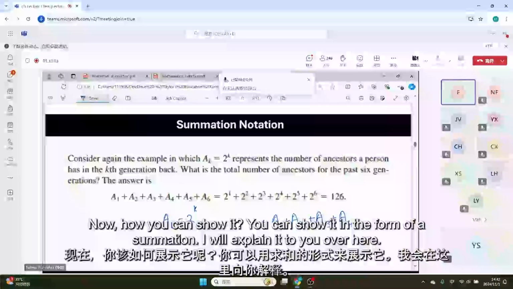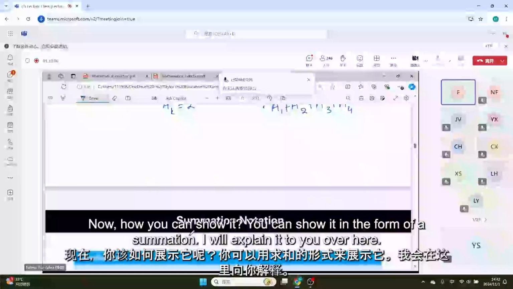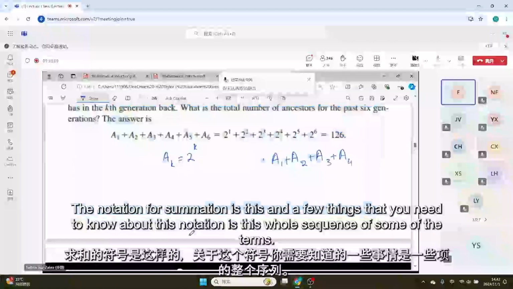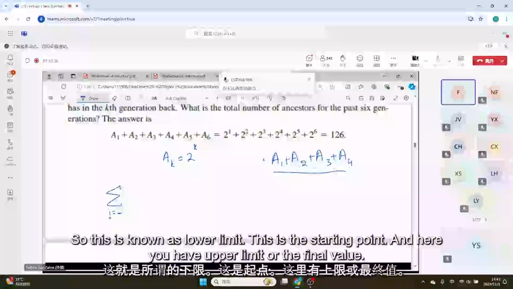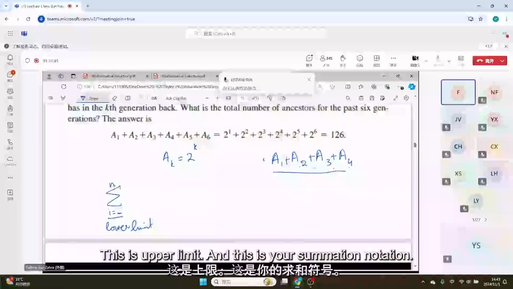Now, how can you show it? You can show it in the form of a summation. I will explain over here. The notation for summation is this, and a few things you need to know about it: this whole notation represents the sum of the terms. Here you will have the initial value, which will be given to you in the question. This is known as the lower limit, the starting point, and here you have the upper limit, the final value.